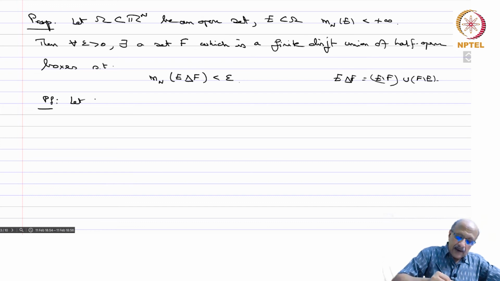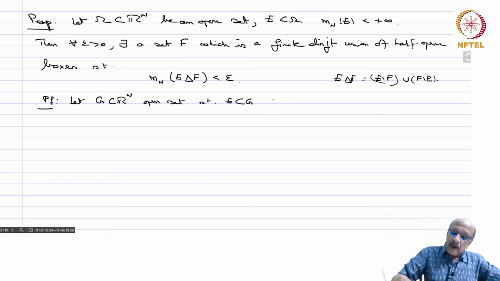Let G contained in Rn be an open set such that E is contained in G and Mn of G minus E is less than epsilon by 2. This we have already proved. This is one of the characterizations of measurable sets.